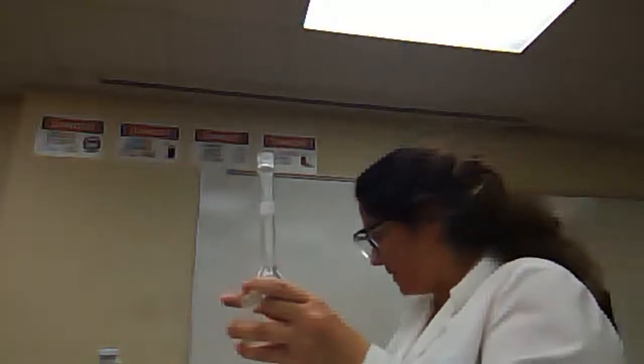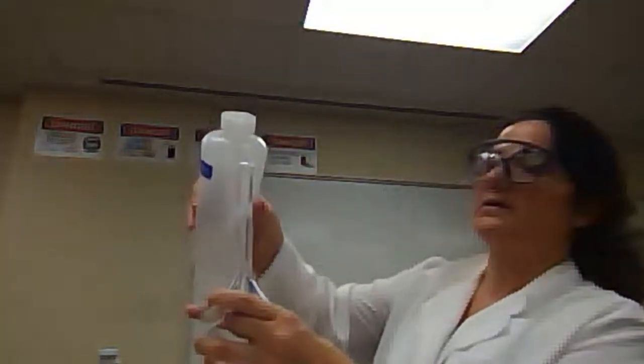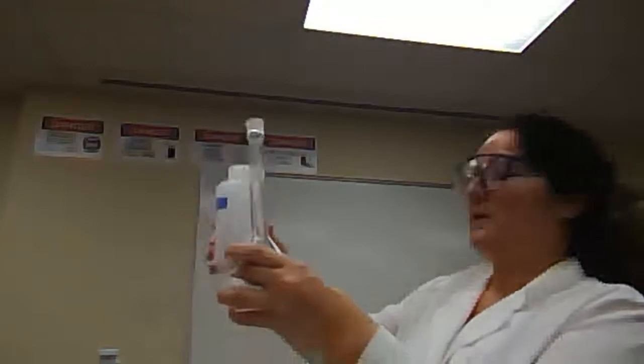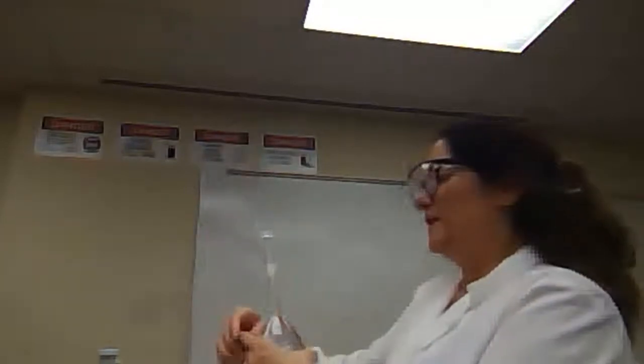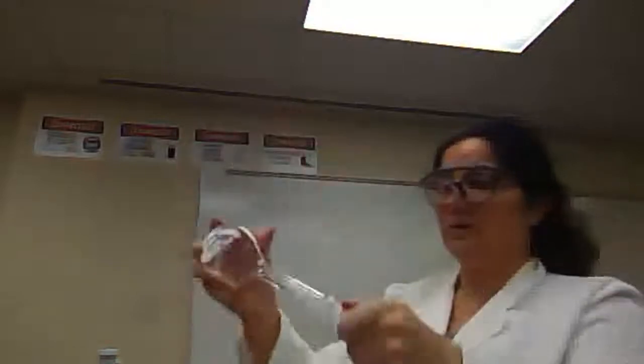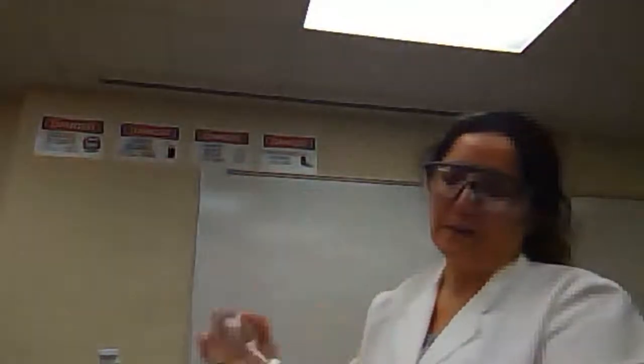Going to add the last portion one drop at a time, until it gets to the meniscus line. Okay. The meniscus is at the line. I have to make sure to mix this well. So the first 3 solutions are made.